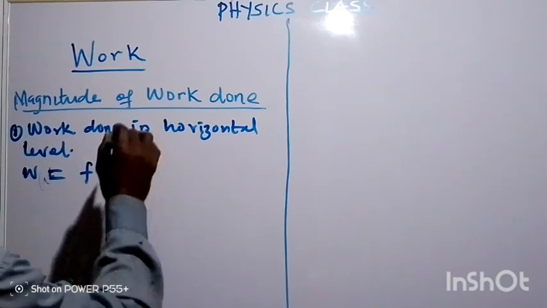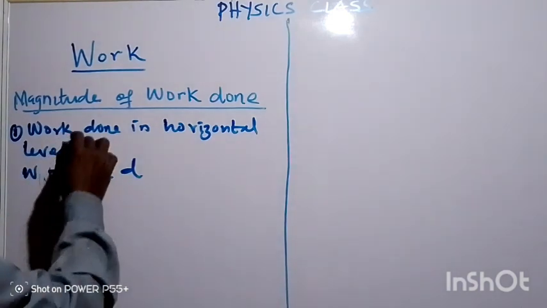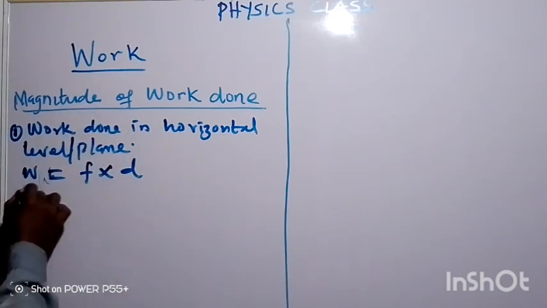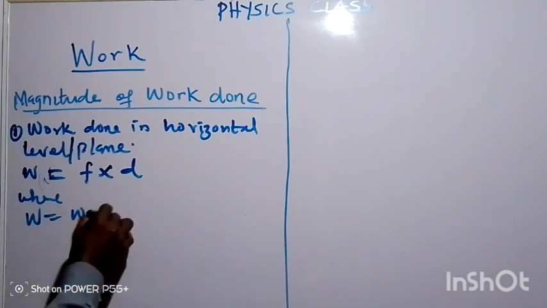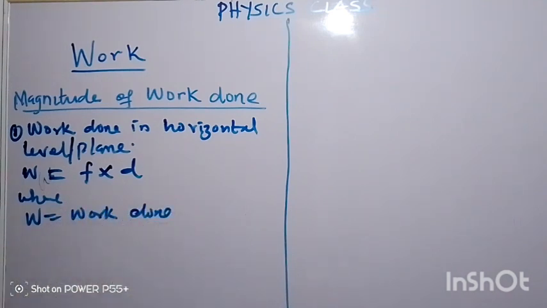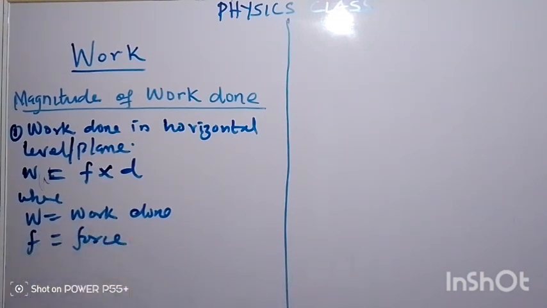That is work done in a horizontal level or horizontal plane. Where W is equal to work done, F is equal to force, and D is displacement.